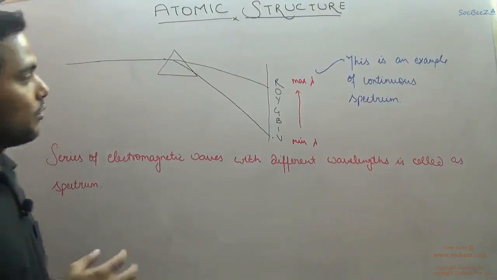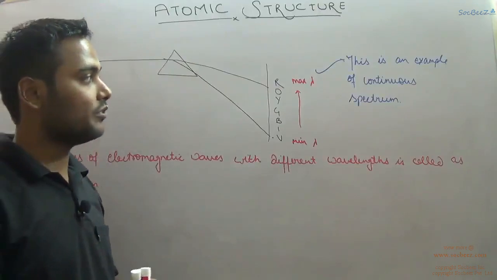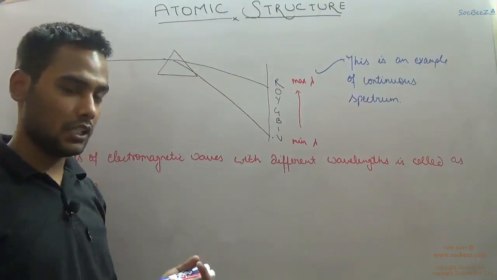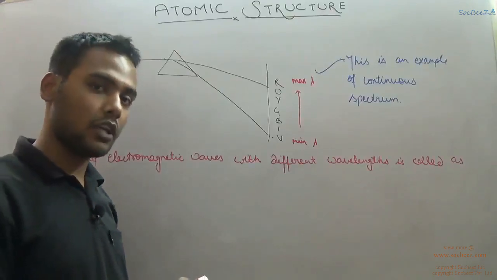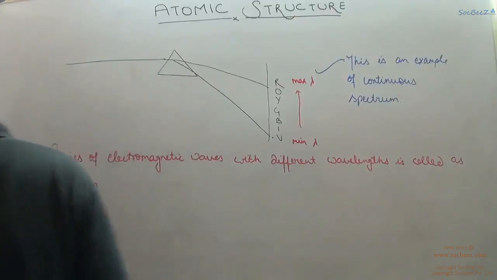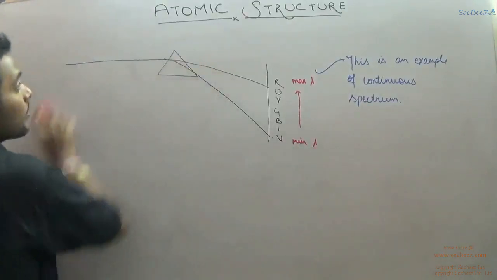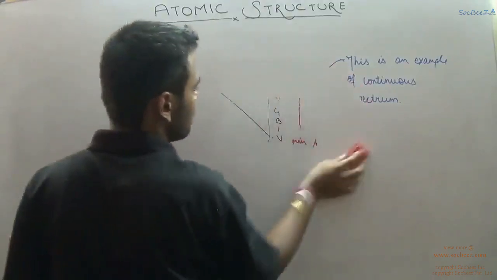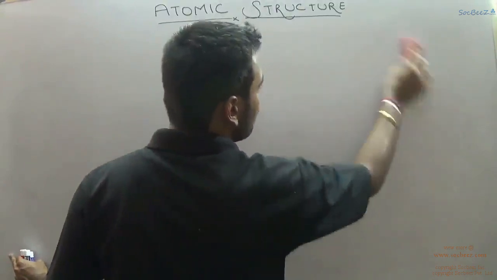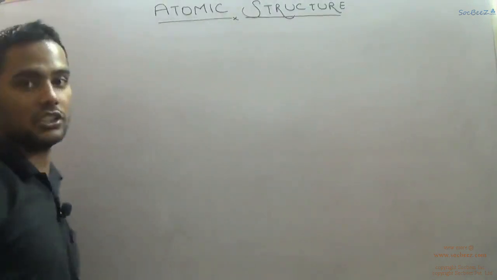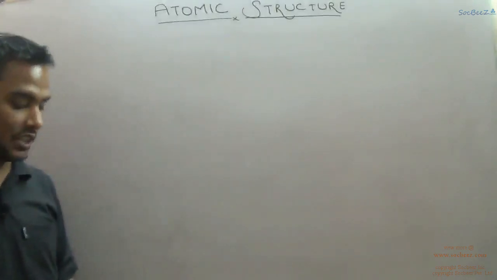Now let's see how many types of spectrums there are. We are going to study very briefly emission spectrum, absorption spectrum and line spectrum. As the name suggests, an emission spectrum must be related to the emission of radiation, and an absorption spectrum to the absorption of radiation, and that is true.